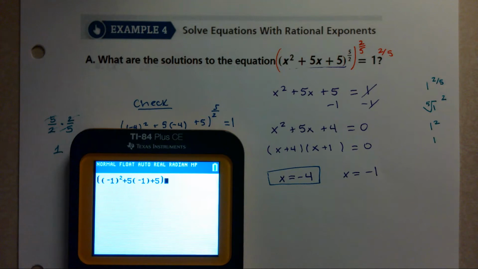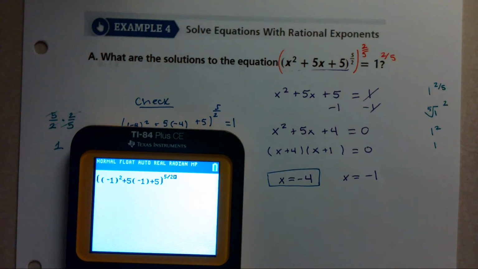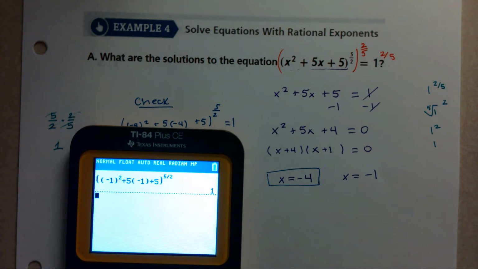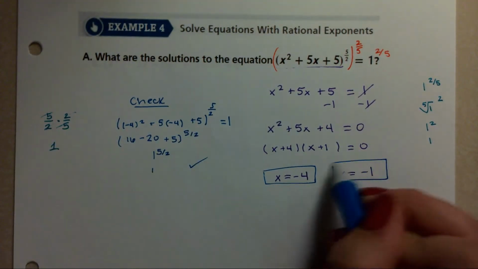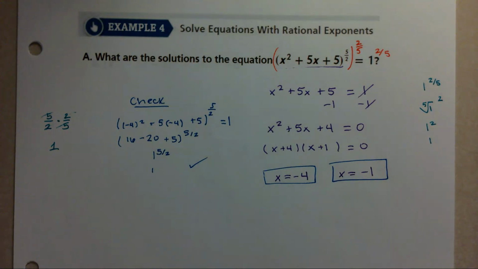Close those parentheses, and then I'm going to raise it to the 5 divided by 2, which is the 5/2 power. If you are not using one of our graphing calculators that takes you up into the exponent, you have to put parentheses around the 5 divided by 2. And we get 1, which is what we wanted it to equal. So using -1 for x is also a solution. Okay? Alright, let's try another one.